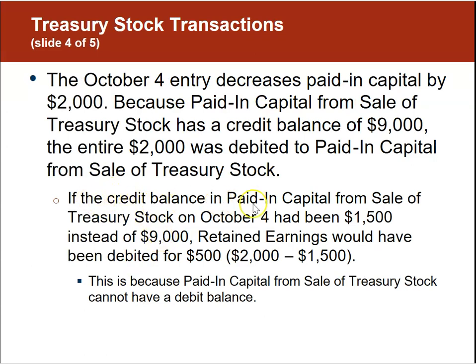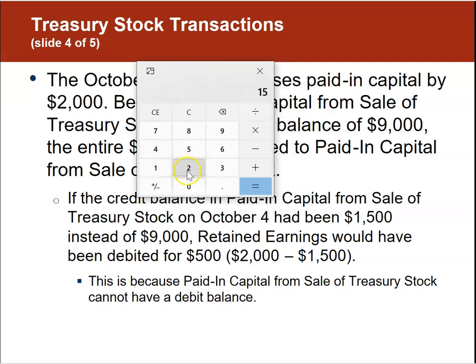If the credit balance in paid-in capital from the sale of Treasury stock on April 29th had been $1,500 instead of $9,000, retained earnings would have been debited for $500. We started off with $1,500 being credited to paid-in capital from the sale of Treasury stock, but then we lost 2,000 of that, so we're in the negative.